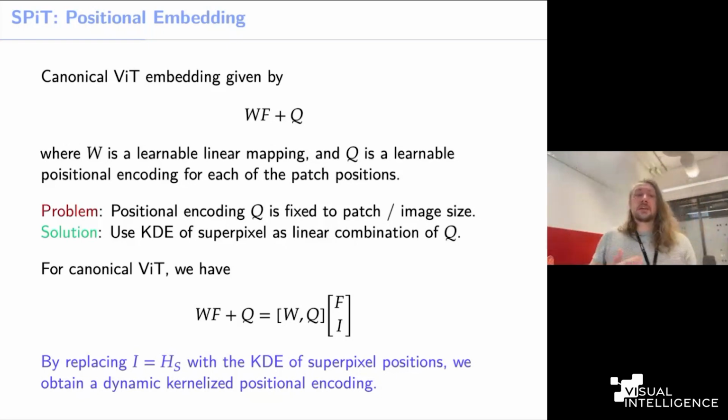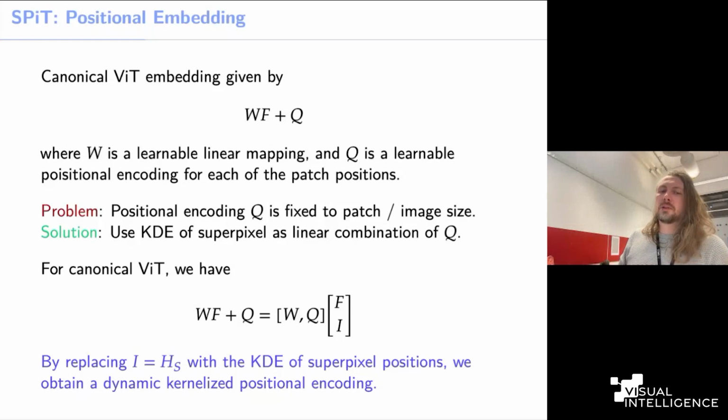So what we actually end up with is that for the ViT, each position is unique. Essentially the positions will correspond to this identity matrix.